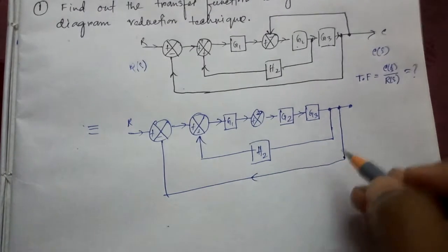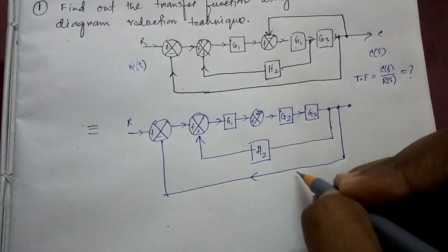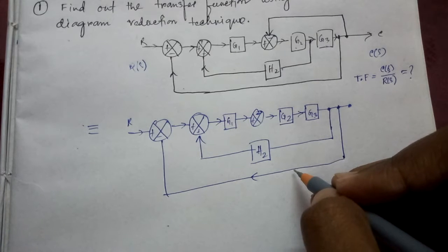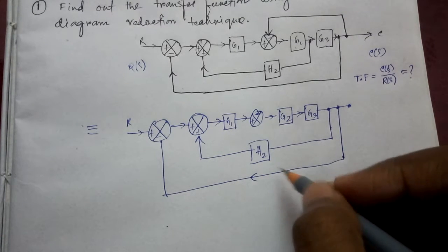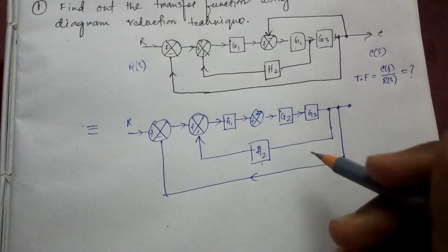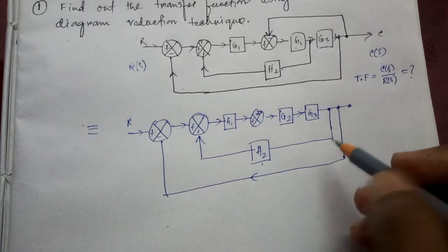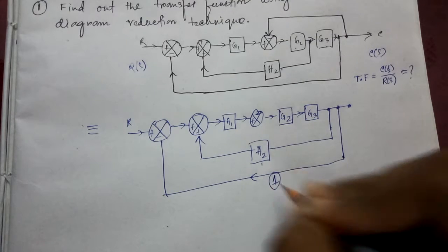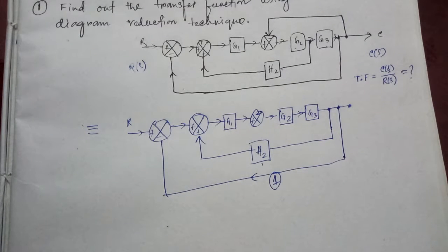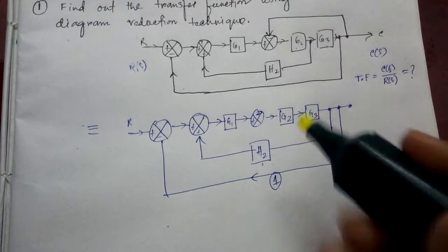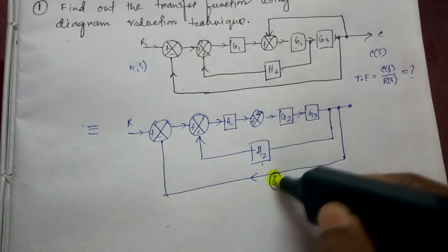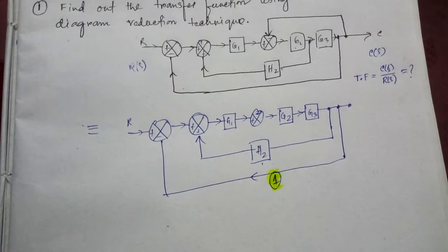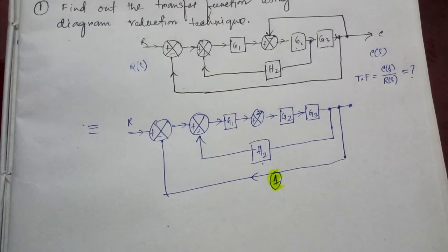Now here in this path we see that there is no value given, no H1, no H2, or no H3. So this feedback value is 1. Every time when there is no transfer function gain value given, you take it as 1, meaning here the feedback is unity.